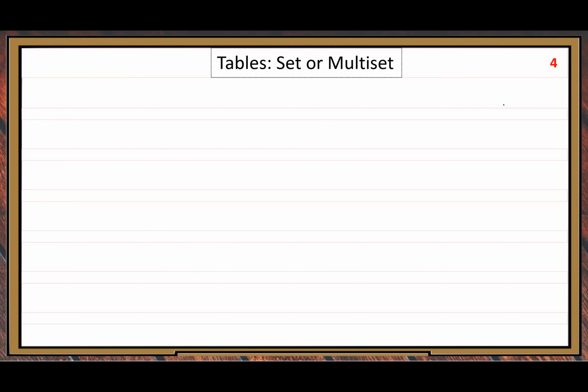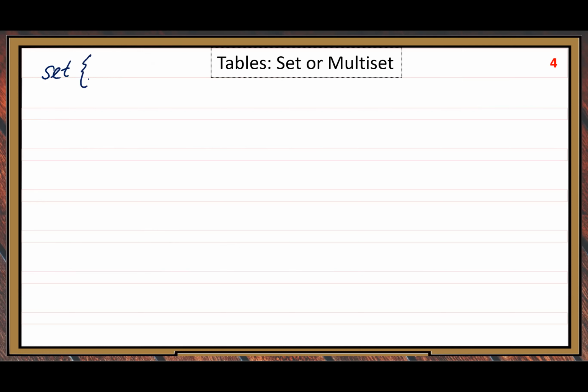In math, you learned the set concept, in discrete math, Math 3000. In that course, you learned the definition of a set. A set has two basic properties. Here I just review a little bit.